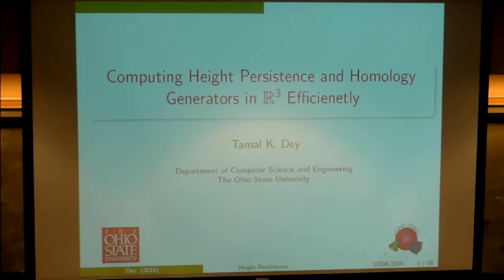Okay, I call it computing high persistence and homology generators in R3 efficiently. I'll talk about what we mean by high persistence. Probably this is a term you have not heard. And homology generators, probably you all know, are the generators which generate the homology group, computing those generators explicitly given some triangulations.